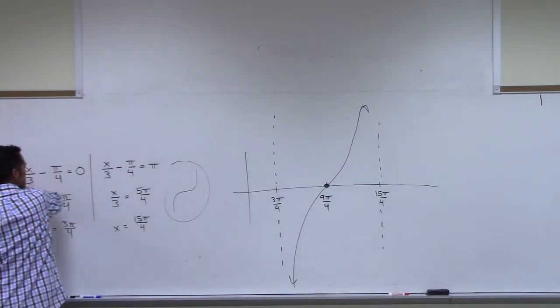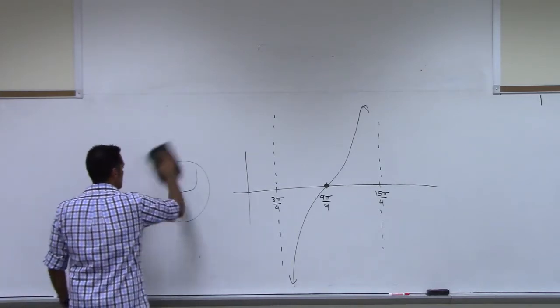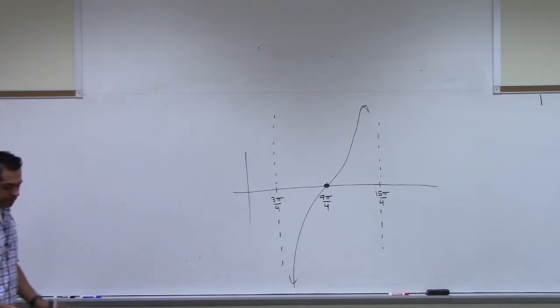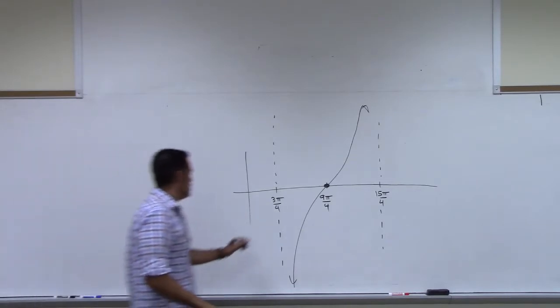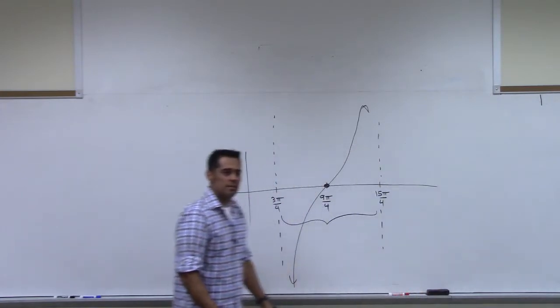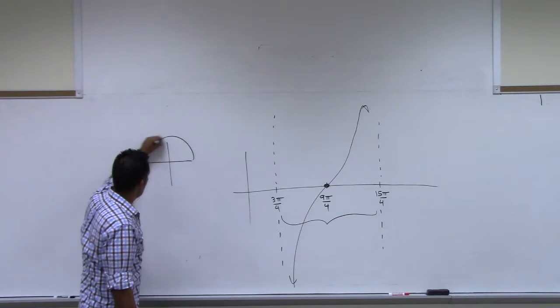The domain. Okay, yeah, so if you want the domain off of this, you're going to have to actually figure out where these are happening. So maybe you can figure out what that distance is. I mean, because on a unit circle, do you know where those are?